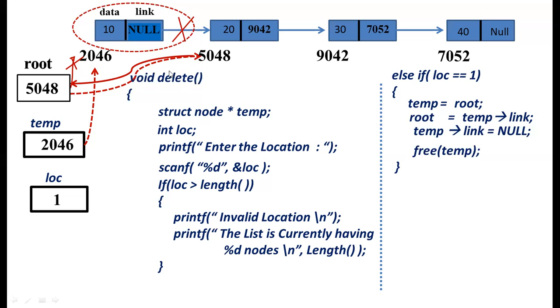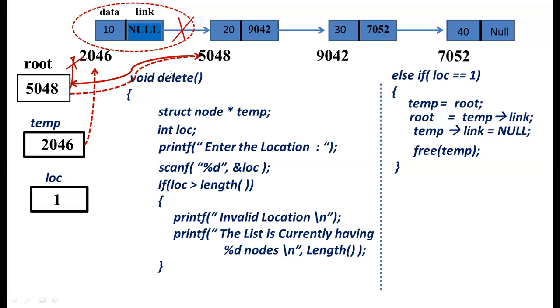We have to write one more else, because to delete the element from the end or at the specified location, we can write the logic by using else rather than going for else if. Because this simple logic will satisfy deleting the node for both conditions, that is, for deleting the node at the end and for deleting the node at the specified location.